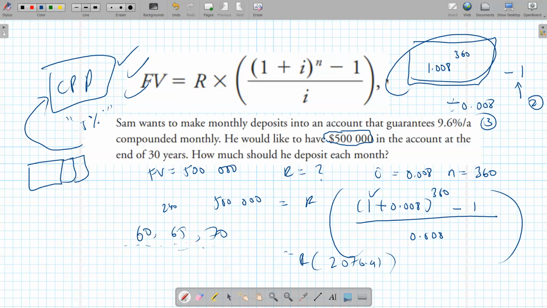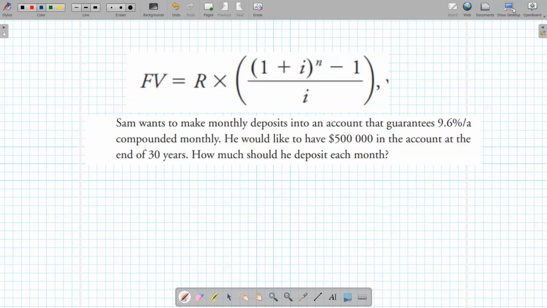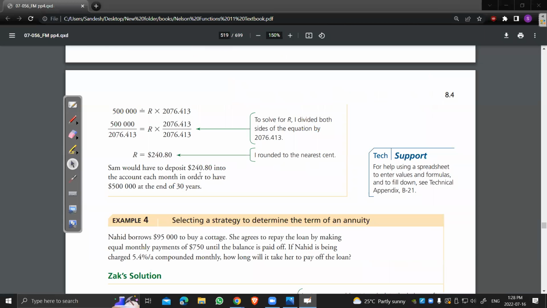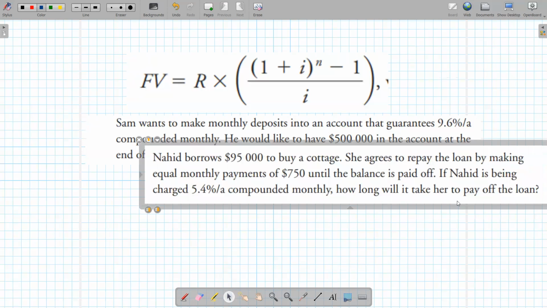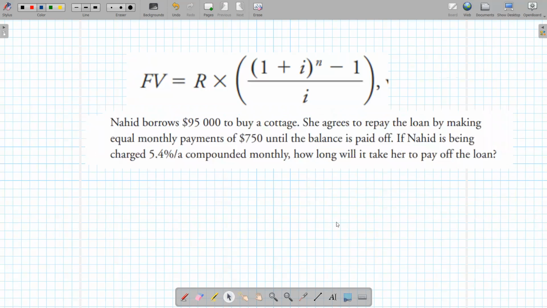Well, it's not going to be 240. For most Canadians, it's going to be about $2,000. But then that can run out as well. It depends on how long you work for and when you started working and how much money you made.